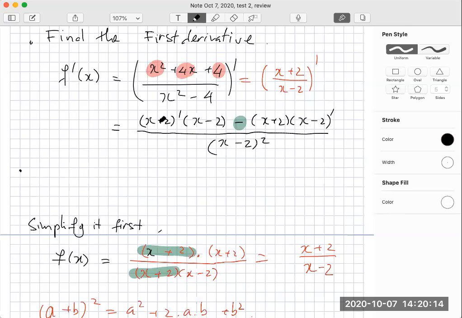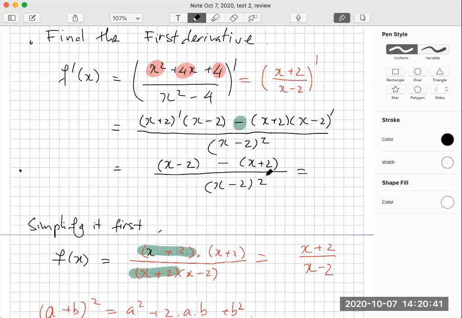So the derivative of x plus 2, what is it? 1, right? So the first term becomes x minus 2, right? And the second term is here? Yes. And x minus 2 squared.